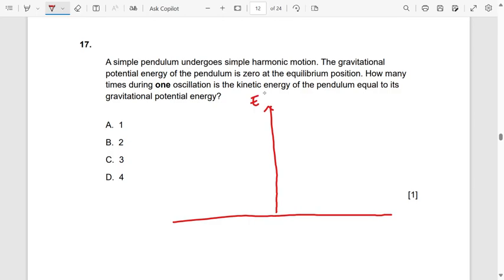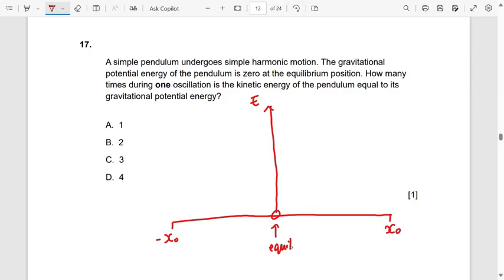It's almost as if you've got a pendulum and it swings to the right and then it swings to the left. So I'm going to say this is the maximum amplitude on one side, and then this value is the maximum amplitude on the other side. Let's put a negative, why not? And here is the equilibrium.